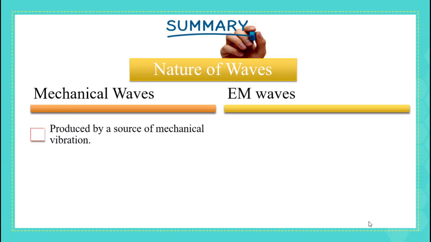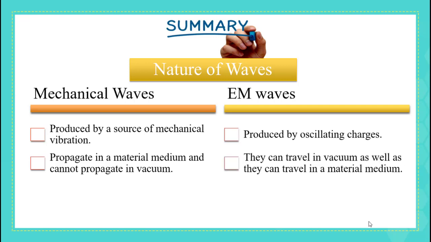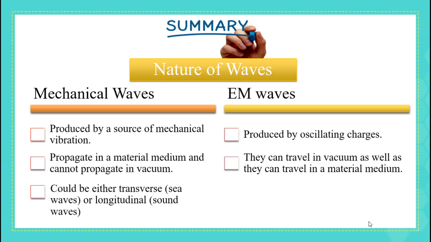Mechanical waves are produced by a source of mechanical vibration, whereas electromagnetic waves are produced by oscillating charges. Mechanical waves can propagate only in material mediums, and they cannot propagate in vacuum, whereas electromagnetic waves are capable of propagating in vacuum as well as in any other material medium.